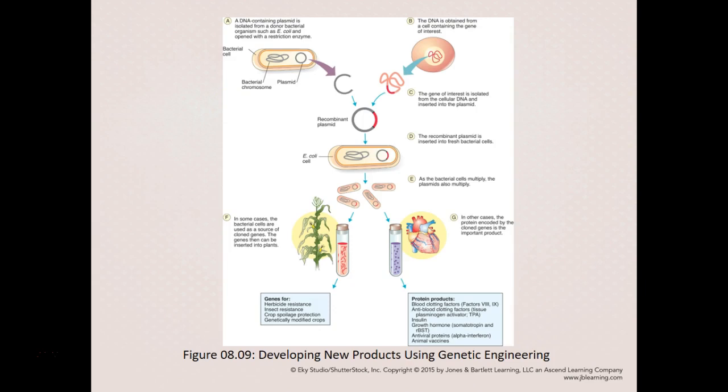And so I use insulin as my example, but insulin is just one example. We can also use plasmids and bacteria to produce plants that are resistant to herbicides, or to produce growth hormone for people that are not producing enough growth hormone.